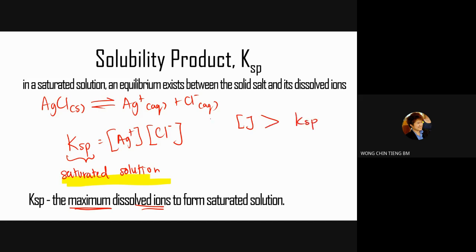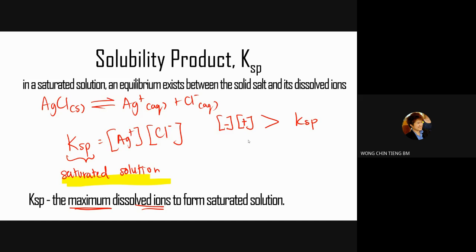Kalau the concentration of your cation and the concentration of your anion lebih daripada Ksp. Tadi saya dah pekat dah, saturated dah. Apa jadi sekarang? Kalau kamu dah ada satu solution, air gula, pernah buat air gula sebelum raya, kamu bancuh air gula pekat, betul? Kalau gula tu dah sangat pekat dan kamu still tambah gula, apa yang berlaku?